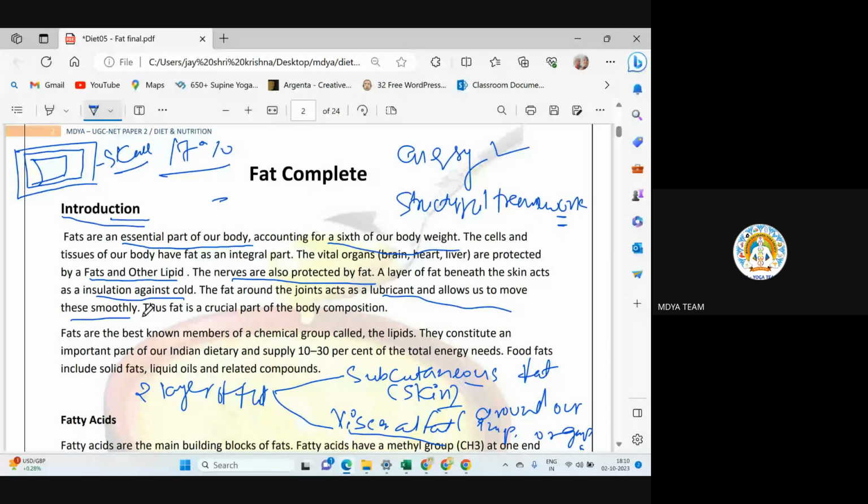The fluid around the joint is known as synovial fluid. That synovial fluid is not actual fat, but it is a derivative of fat. It acts as a lubricating agent, so that there will be no friction between bones, and there can be frequent movement of bones.